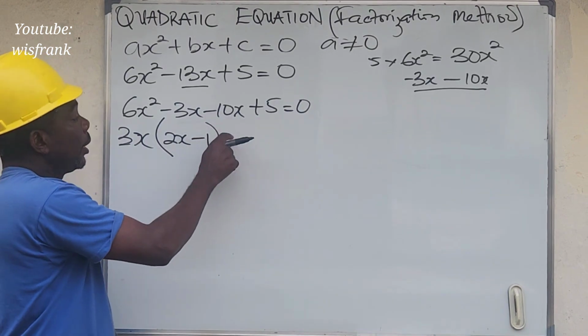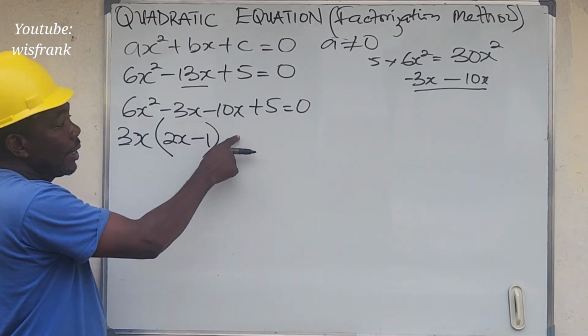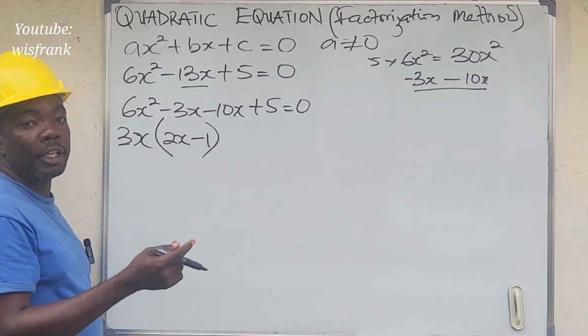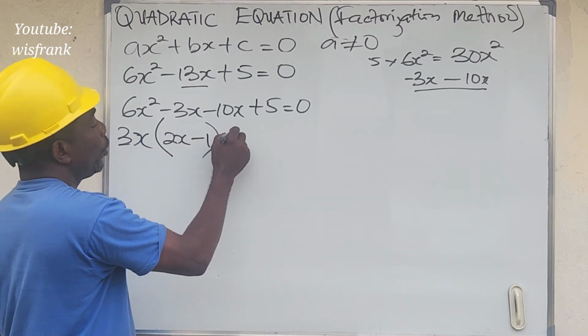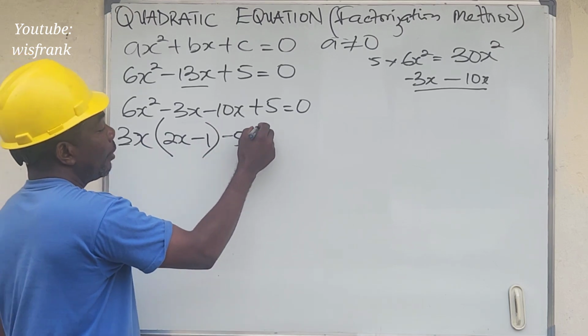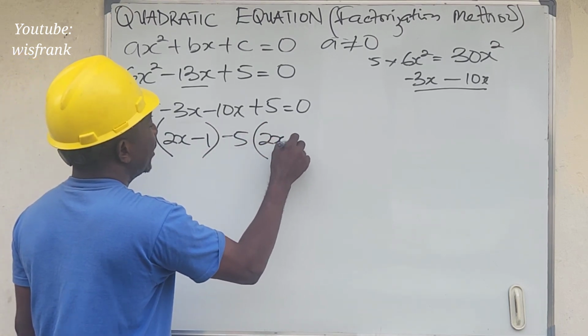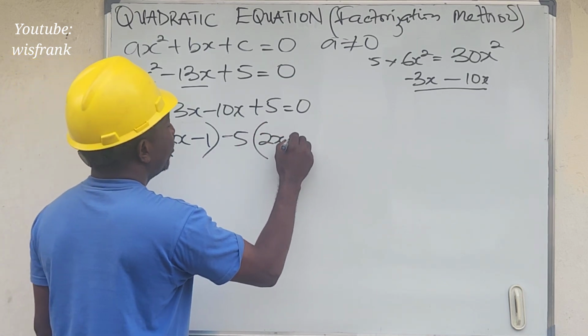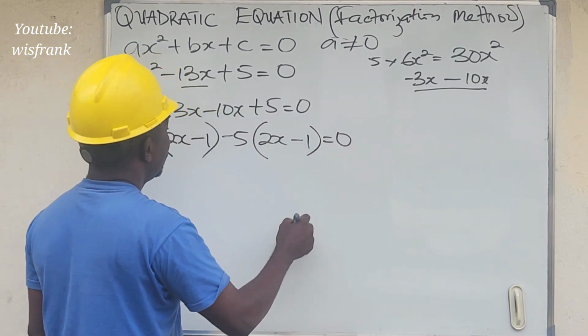So on the other side, we can see that we have minus 10x and plus 5. Here, we can see that minus 5 is common between the two of them. So we use minus 5. Dividing minus 10x by minus 5 will give us 2x. Then dividing 5 by minus 5 will give us minus 1. All equals 0.